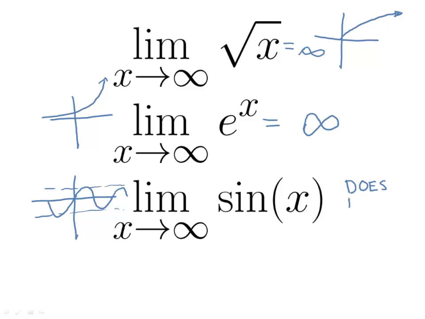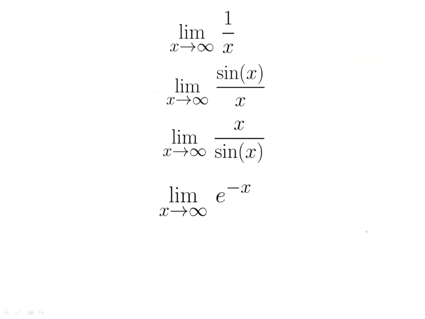The limit does not exist because it never really approaches anything. If you give me a number where it approaches 1, I can give you another number that's greater that approaches -1, right?